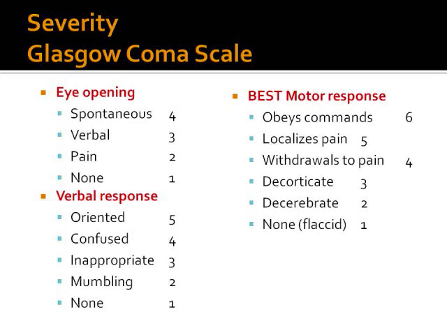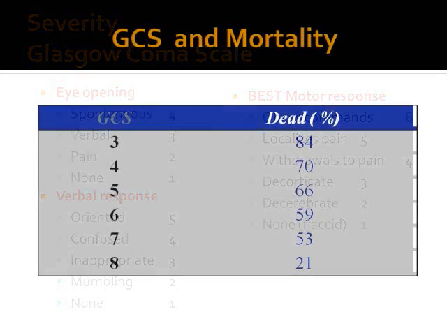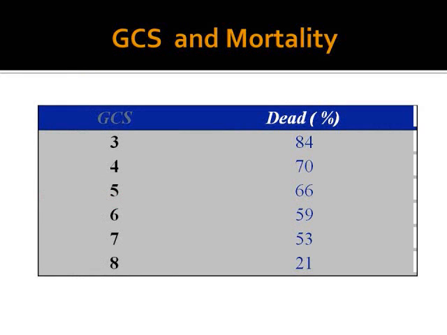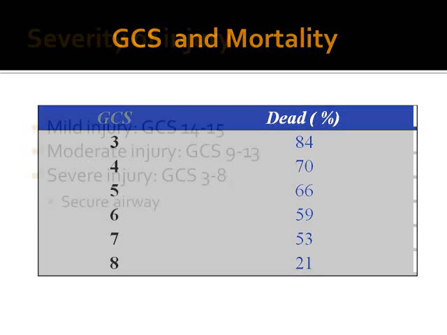The lowest possible score is 3 and the highest possible is 15. In a study done in Glasgow comparing initial GCS and mortality, there was a significant correlation between percentage mortality and initial GCS, where the lower the GCS, the higher the mortality, as shown in this table.